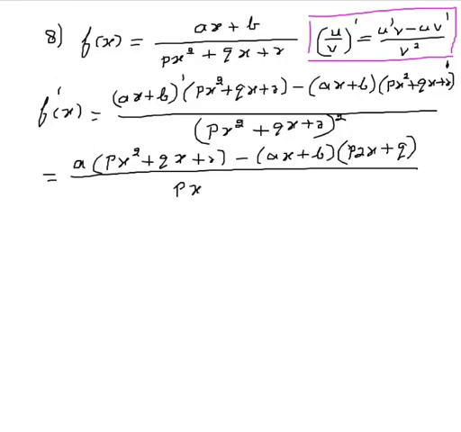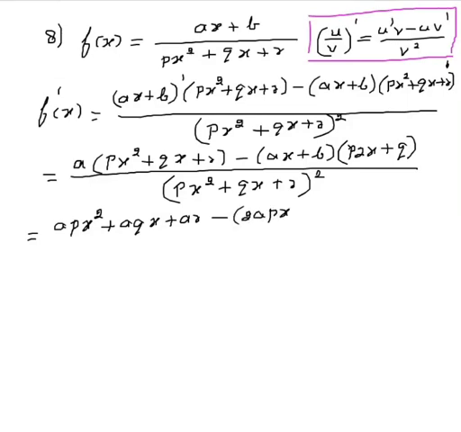Divided by px square plus qx plus r whole raised to 2. Let us open the brackets and write apx square plus aqx plus ar minus of 2apx square plus aqx plus 2bpx and plus bq.